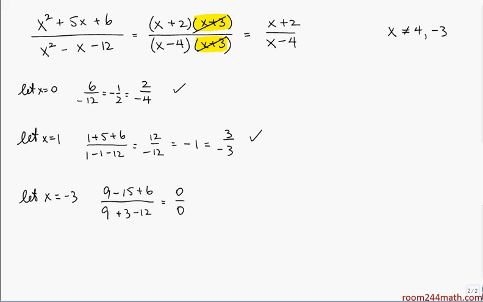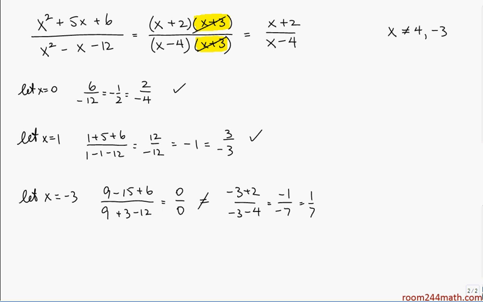What's the right-hand side? Negative 3 plus 2 over negative 3 minus 4. Well, negative 3 plus 2 is negative 1. Negative 3 minus 4 is negative 7. That's 1/7. So 0 over 0, which is not defined at all, is clearly not equal to 1 over 7.